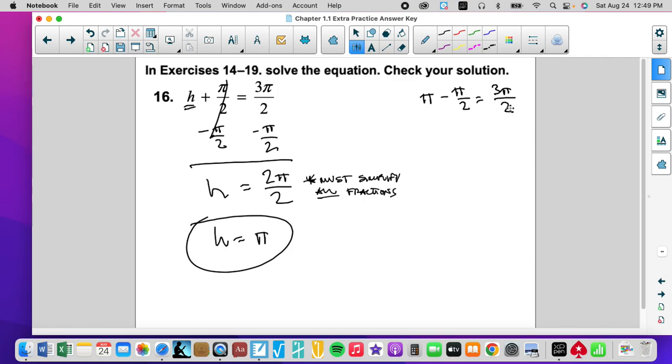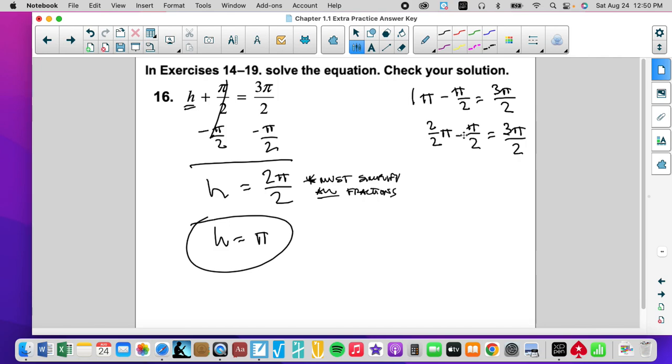Let's check it out and see. Well, this is 1, so these are not like denominators, so I'm going to change 1 into an equivalent fraction with like denominators. And we see I made a mistake somewhere.